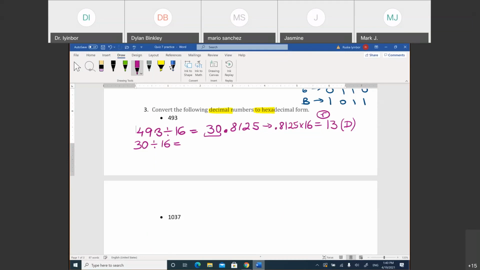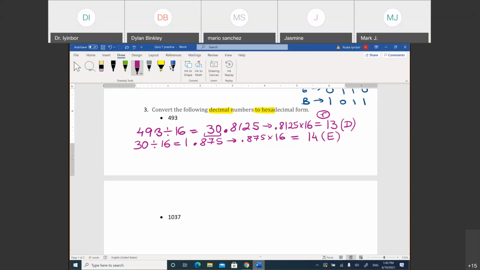So 30 divided by 16 is 1.875. And then I'm going to get the decimal only, 0.875, and I multiply by 16 to get the remainder, which is 14, right? So the remainder is 14 and the letter is E.